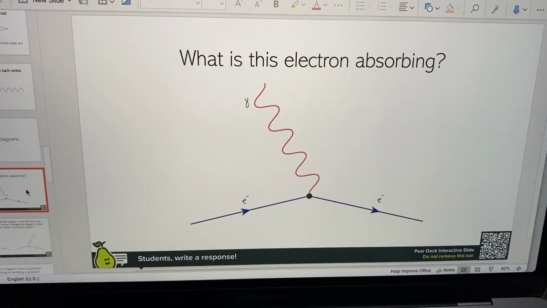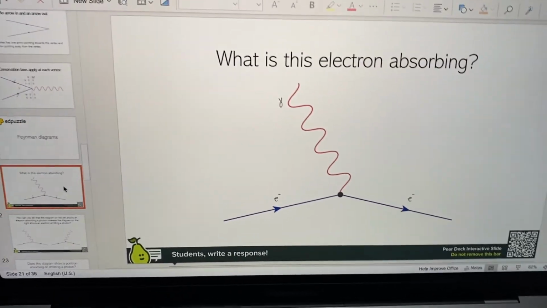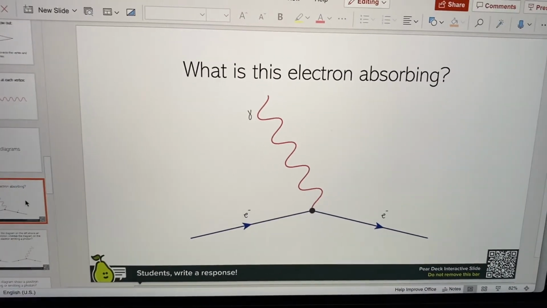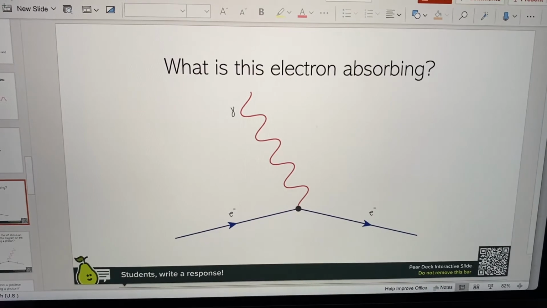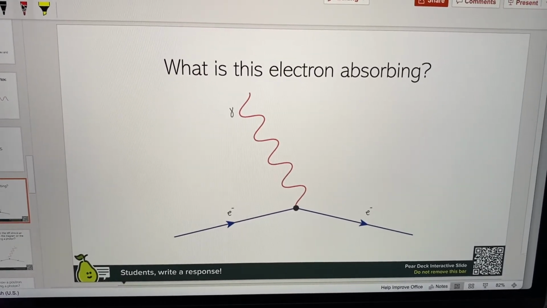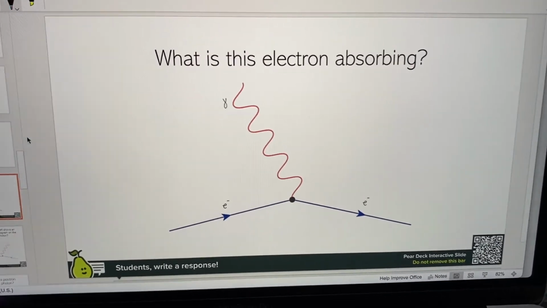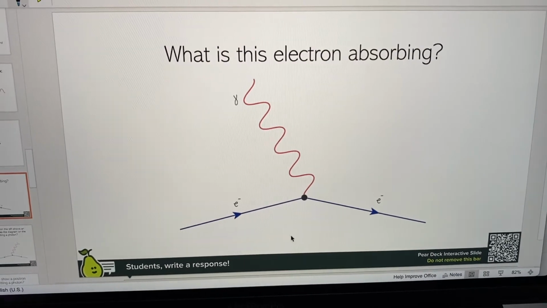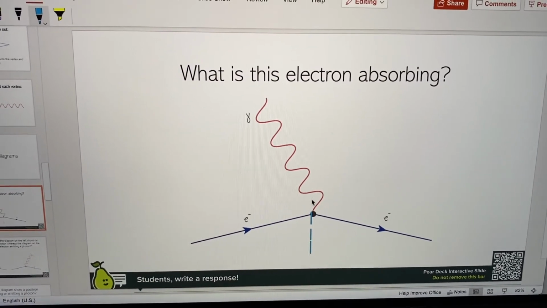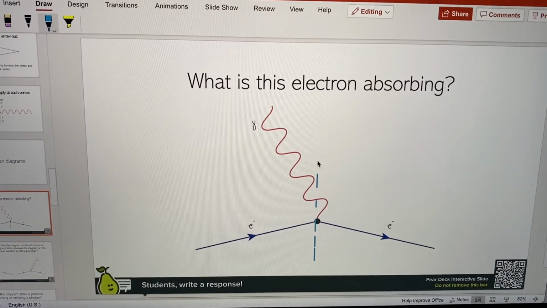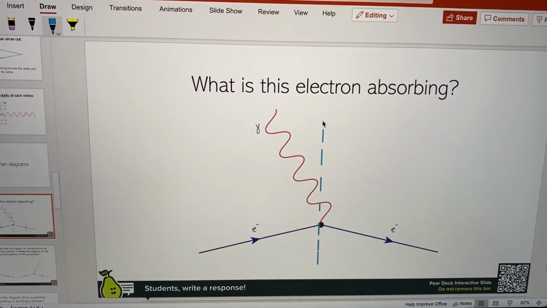What is this electron absorbing? So time is on the x-axis. In fact, let me just grab the draw tool one second. So I know that if I draw a dotted line here, sorry, I'm trying to look through my phone screen, that's not very helpful. That is an instant in time.